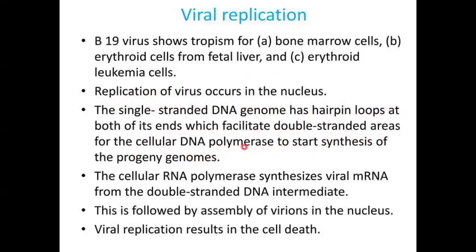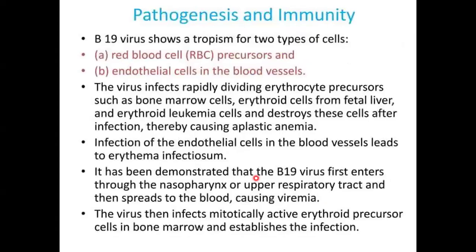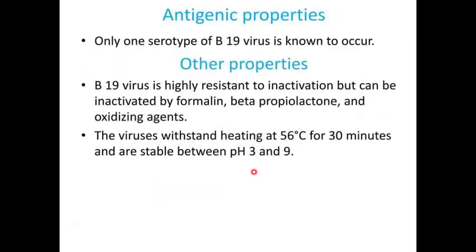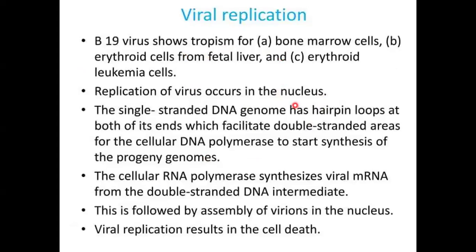So this is the replication process. The cellular RNA polymerase synthesizes viral mRNA from the double-stranded DNA intermediate. This is followed by assembly of virions in the nucleus. Viral replication results in cell death. So we have a picture. Basically, this is the replication. They usually don't ask questions on replication, but if you were to get something from this, we said that these are single-stranded DNA.